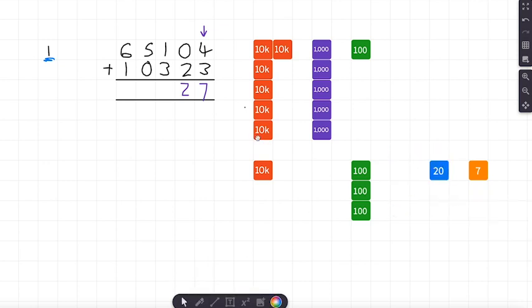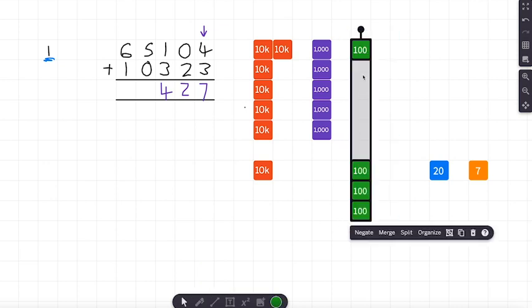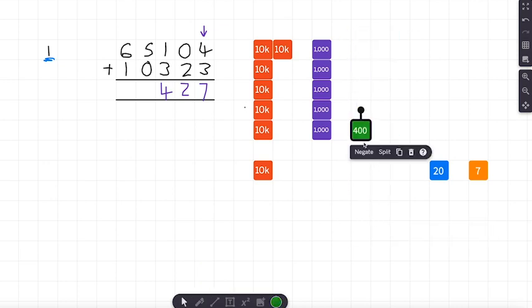There's our tens done. Onto the hundreds, we have 1 plus 3, which is 4. So 100 plus 300 gives us 400. And then with the counters, we can merge these together to give us our 400.